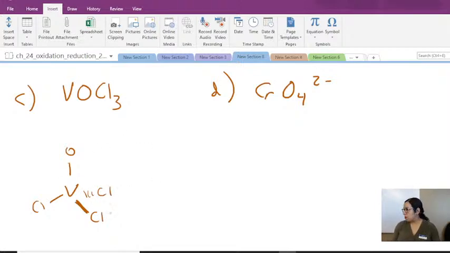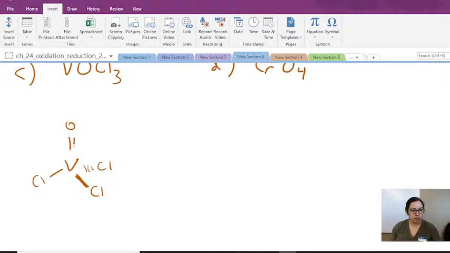And then are there any double bonds? Yes, oxygen should have a double bond. You could have started with oxygen without a double bond first, but then if you did your formal charge analysis, you would have gotten formal charges on oxygen and vanadium, and that would be a hint to maybe add a double bond.